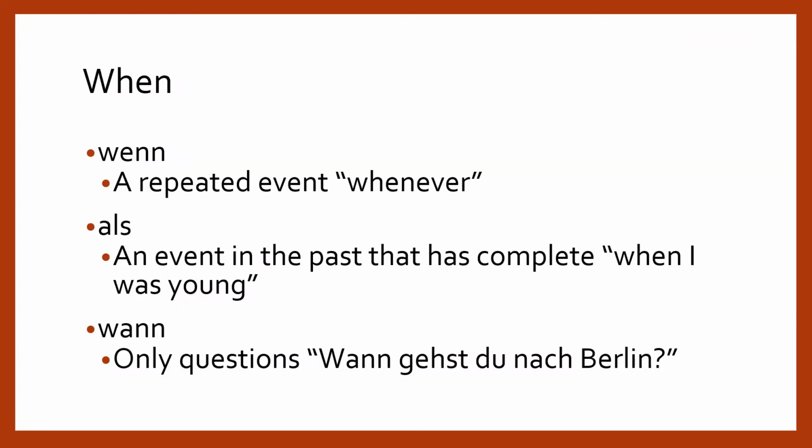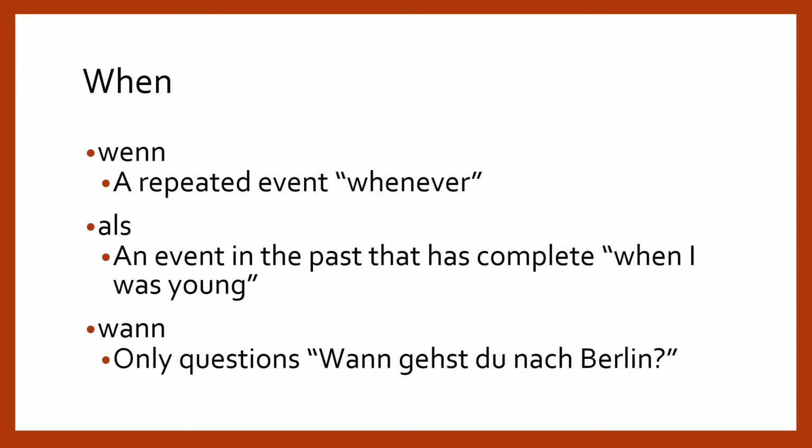So breaking down a couple of those that have multiple meanings or that translate to the same word in English so that we don't get them confused. In German, there are 3 different ways to say when. So wenn is used for a repeated event, like whenever I go to the store, I always drive. So instead of saying when I go to the store, you would say wenn I go to the store.